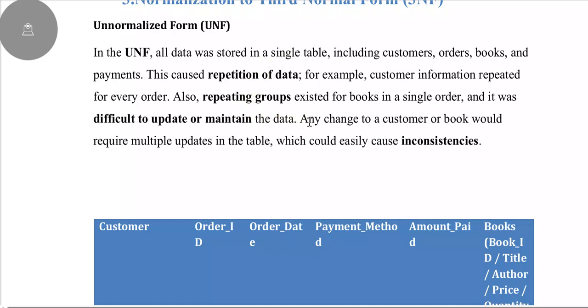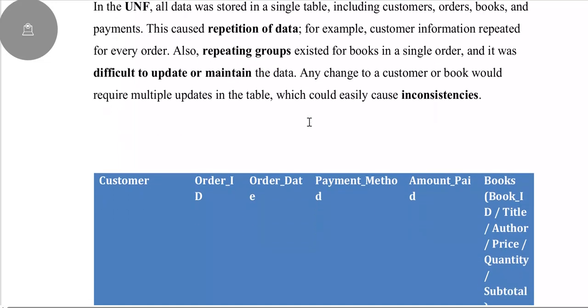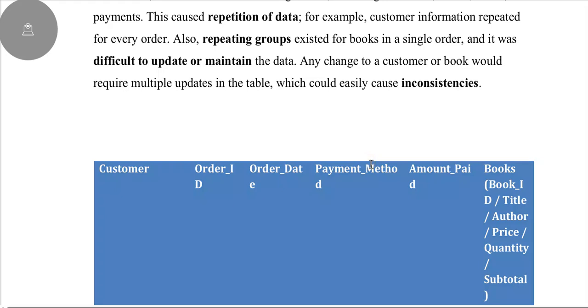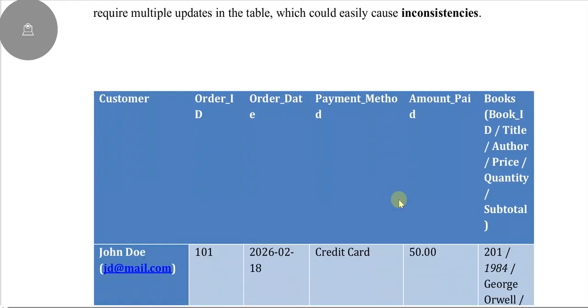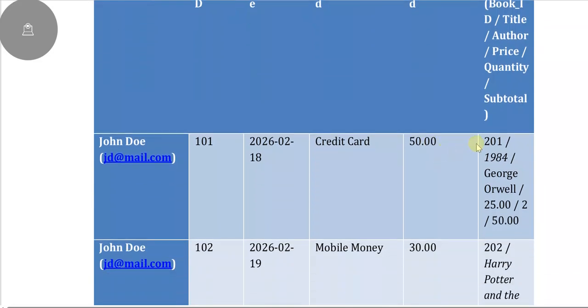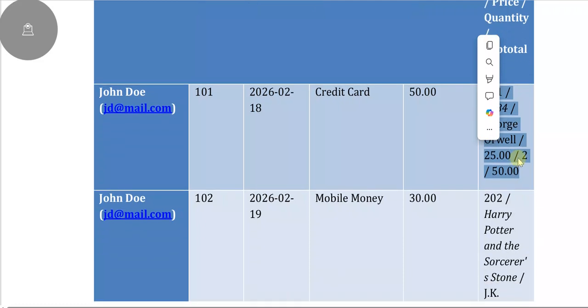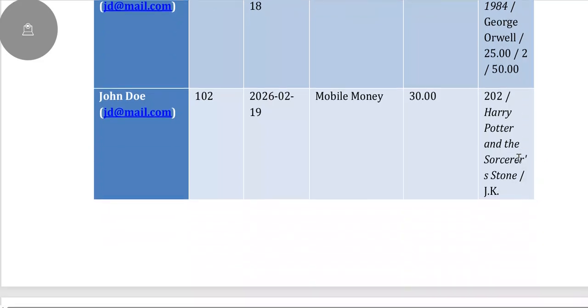A change to a customer or book would require updating the table in many places, which could easily cause inconsistency. As you see here, we have the unnormalized table, where many records are stored in only one field, which can cause data integrity problems and data redundancy.